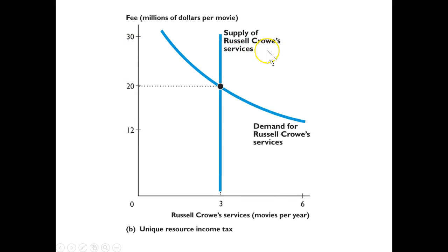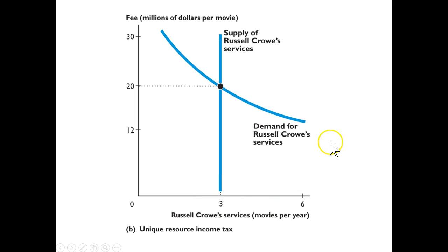Let's take the example of Russell Crowe. We've got the demand for Russell Crowe's services from film studios, and we've got the supply of Russell Crowe's services. And what we're assuming here is that Russell Crowe is willing and able to supply his labour for 3 movies per year, no matter what fee he receives, whether it's 20 million, 30 million, 12 million, he's going to make 3 movies per year.